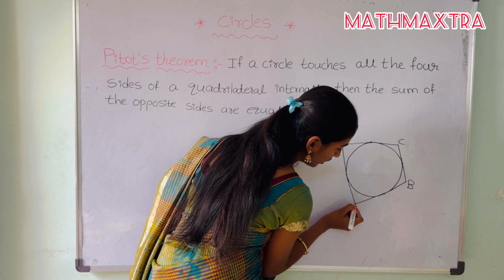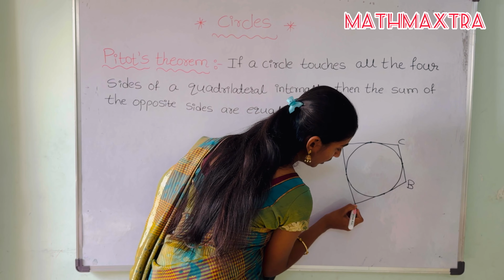If these points are P, Q, R, S, then AP is one tangent and AQ is another tangent, so AP is equal to AQ.